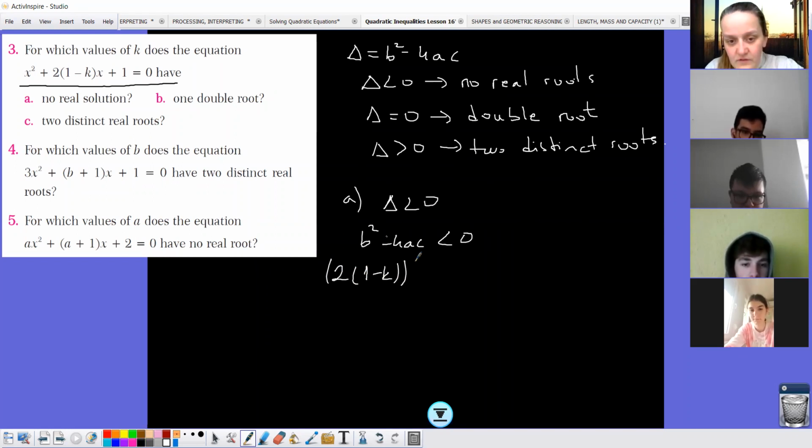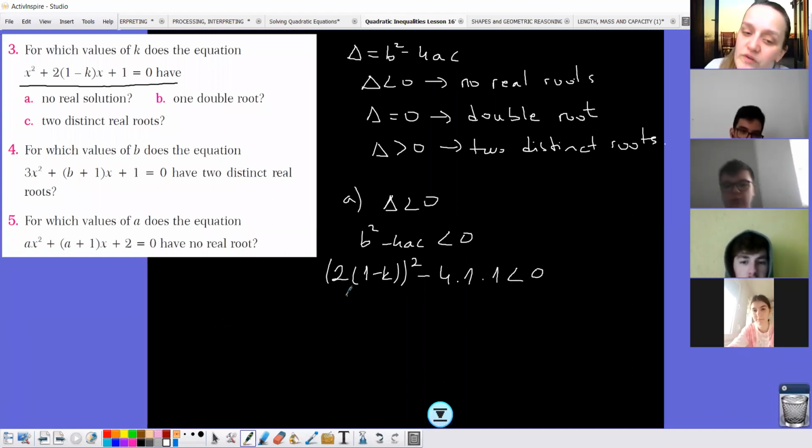We need to take the square of it, minus 4 times a. What is a? 1. What is c? 1. It has to be less than 0. What will be 2 times (1 minus k) squared? We should open the binomial.